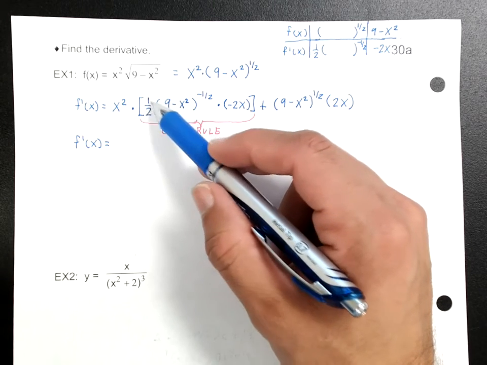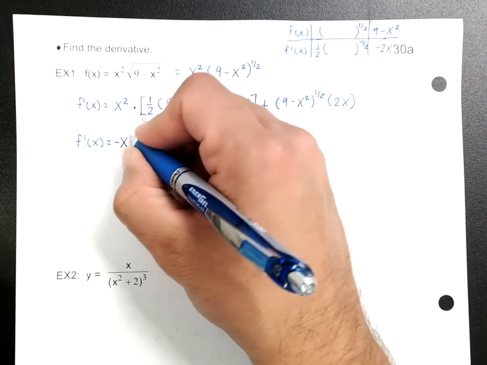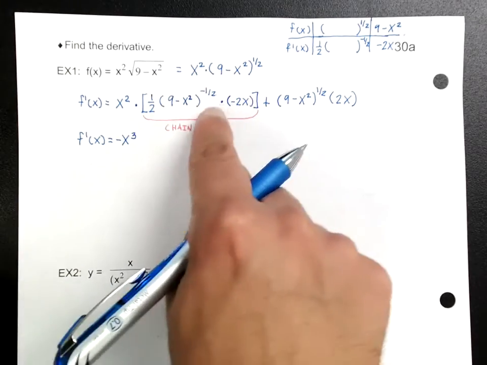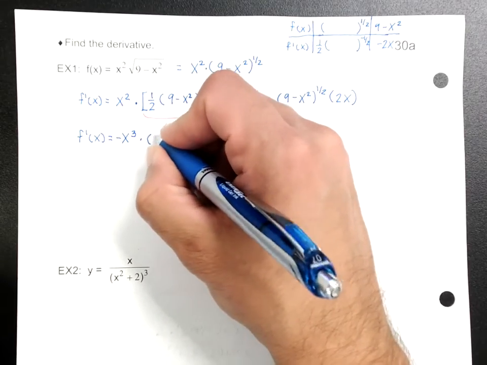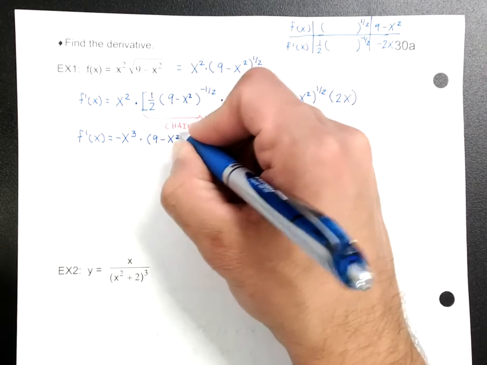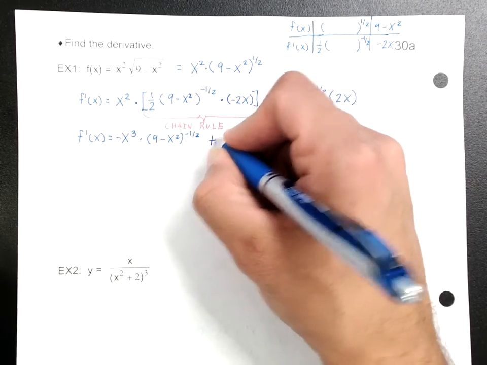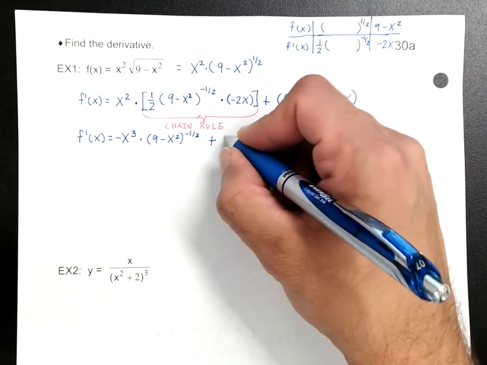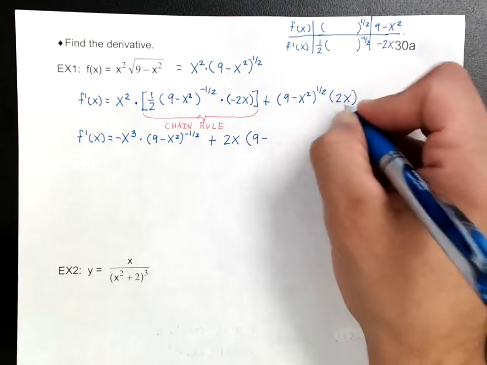And if I multiply that negative x times that x squared, that's going to give me a negative x cubed. So again, I did this first, and I multiplied times that, times 9 minus x squared to the negative 1/2 power. Plus, this right here is not really anything I can do, so I'm just going to rewrite this. I'm just going to put the 2x first.